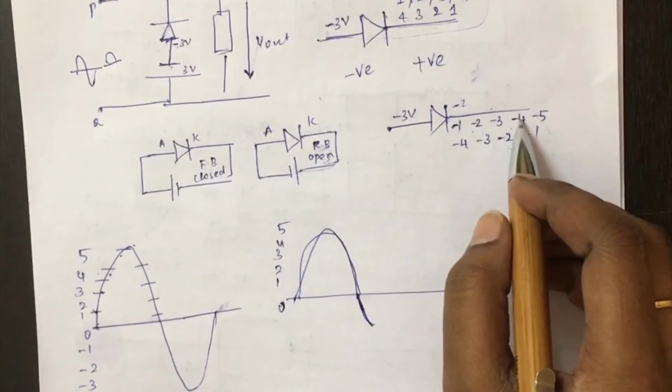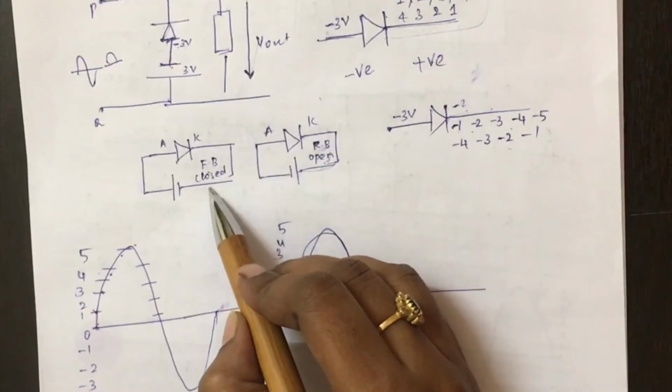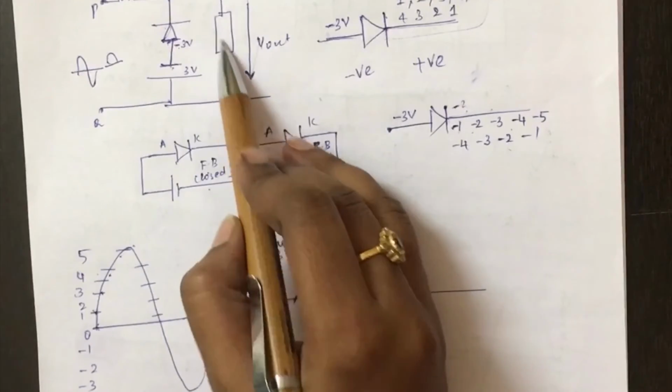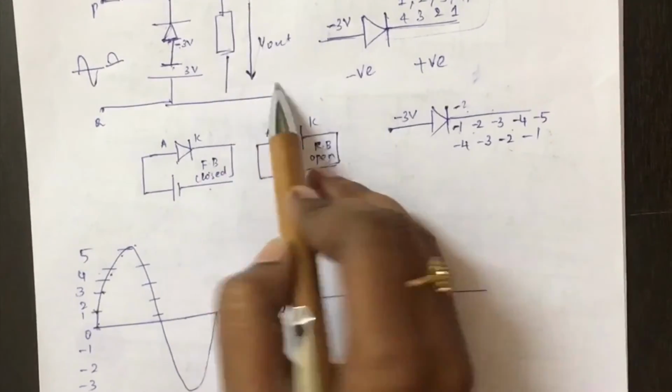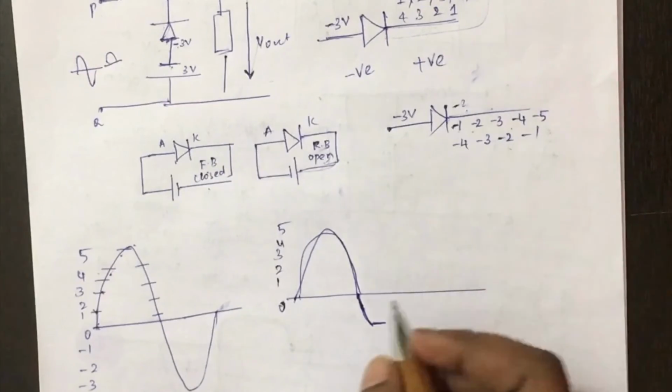Minus 3, both are same, so this is a forward bias condition, closed switch, entire current will flow across the diode and no current will flow across the output resistor, therefore no voltage, the voltage will remain the same, still at minus 3 volt.